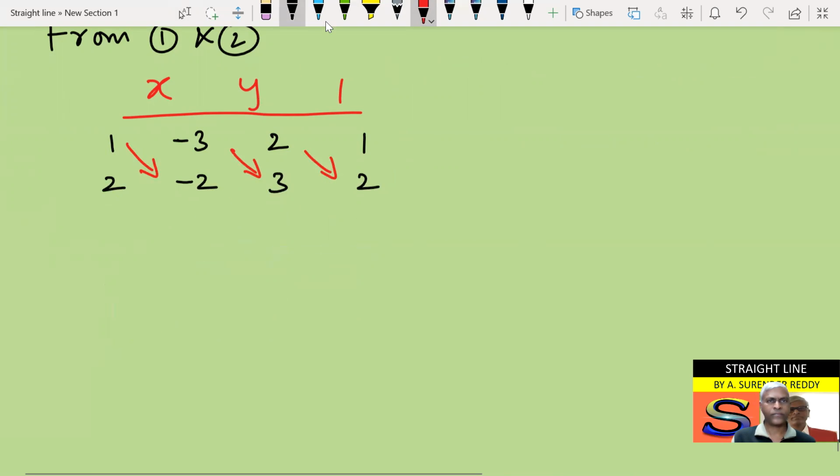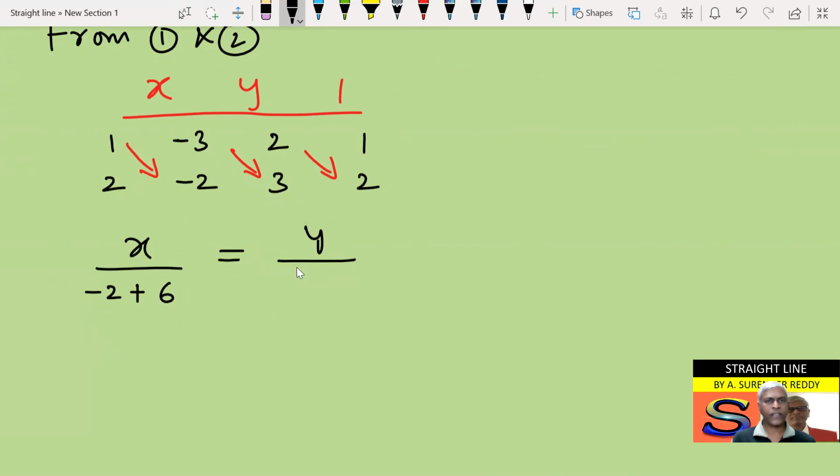Cross multiply, we get x by 1 into minus 2, 2 into minus 3, minus 6, minus into minus plus. Minus 3 into 3, minus 9. Minus 2 into 2, minus 4, and minus plus 4. 2 into 2, 4, minus 3 into 1, 3.